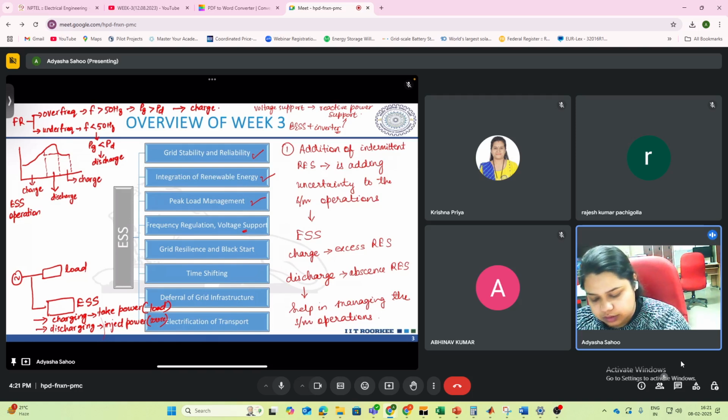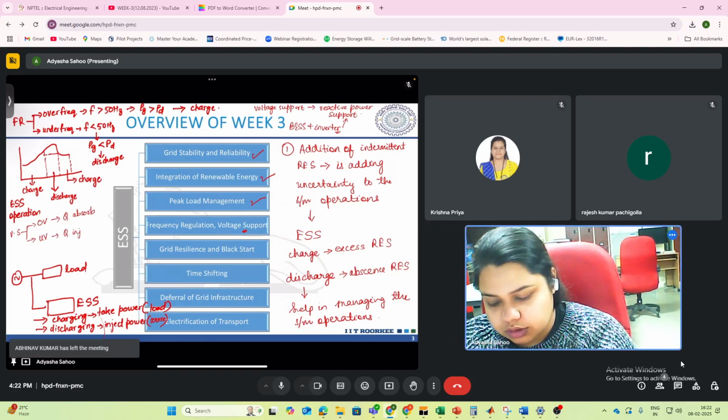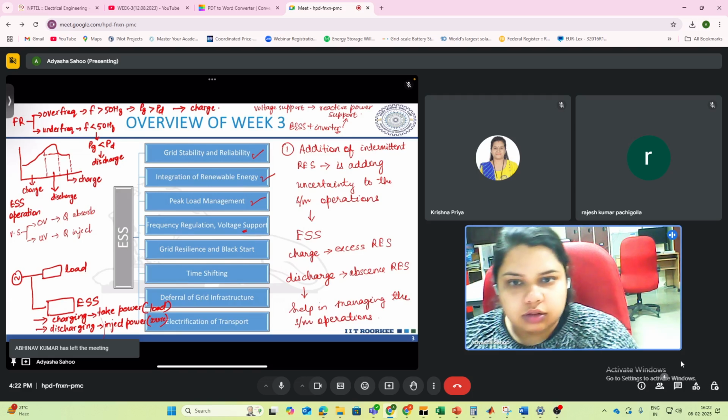So whenever there is over voltage, we can absorb the excess reactive power, and whenever there is under voltage we can inject the Q or reactive power to basically regulate the voltage.